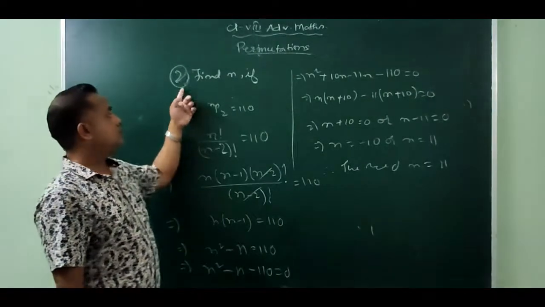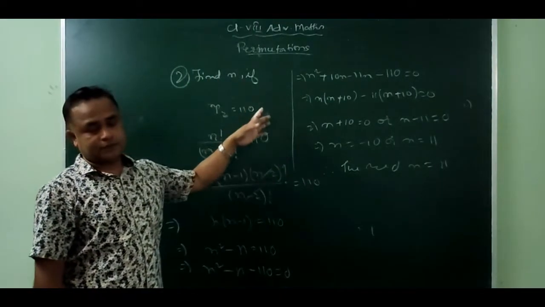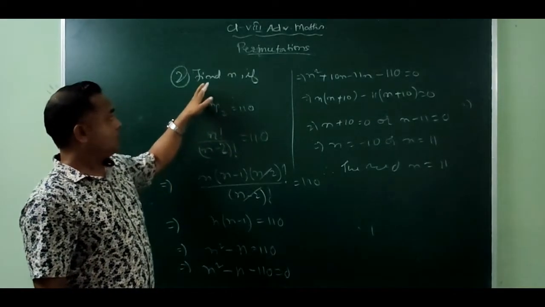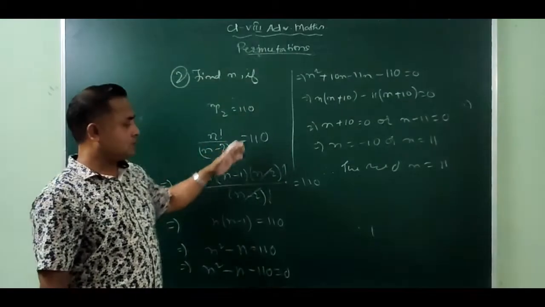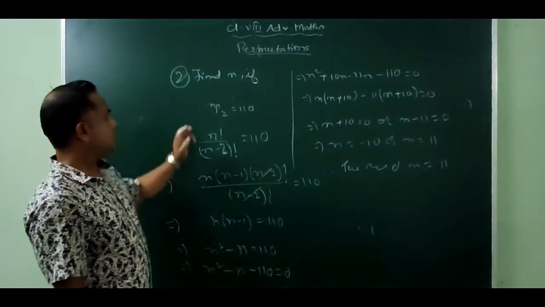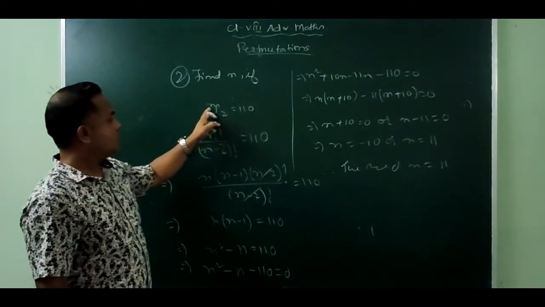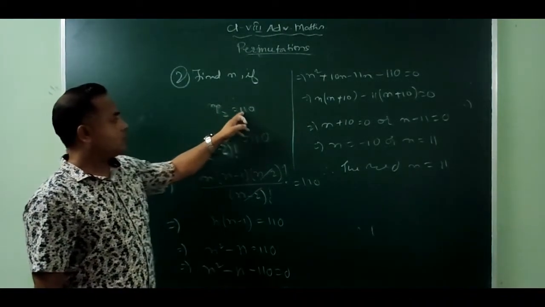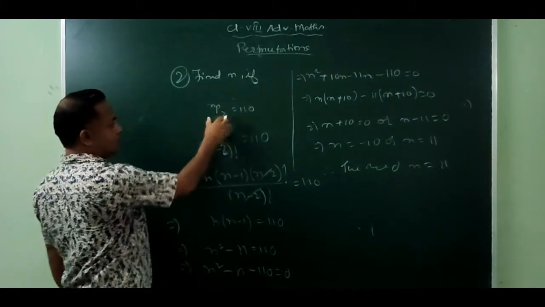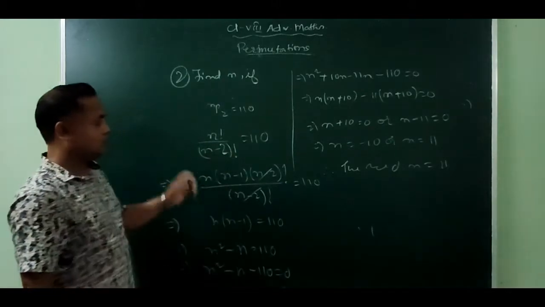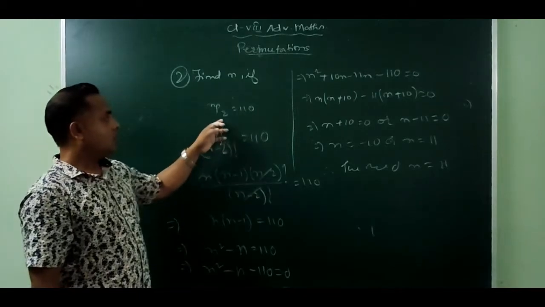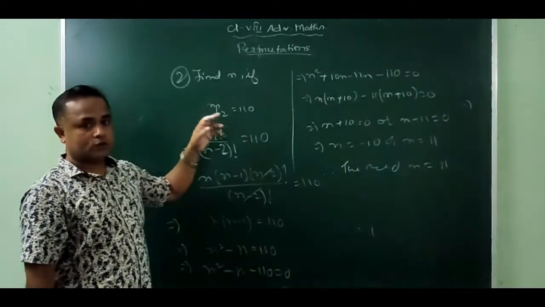Now we will see the next question, that is find the n. In the first video I wrote a little about find the n. Since the solution is long, I tried to show you in the next video. That is, find n of the equation nP2 equal to 110. Now nP2 means factorial n by factorial n minus 2, provided that r is greater than or equal to 2.